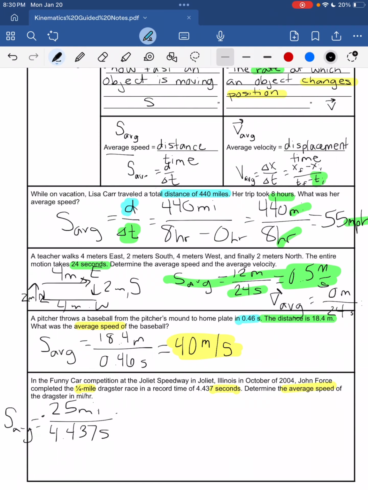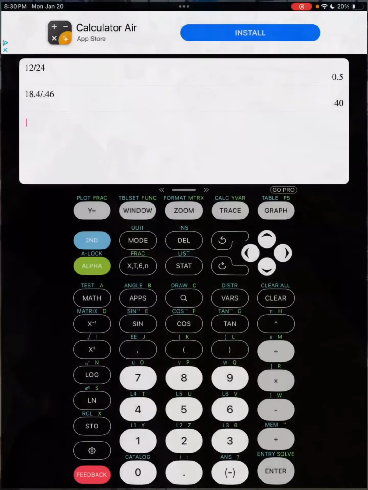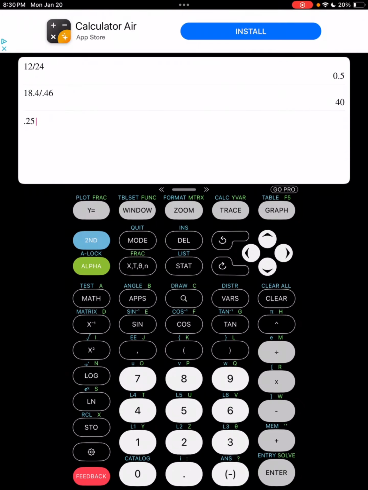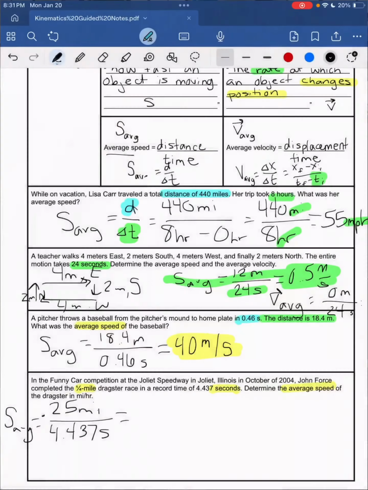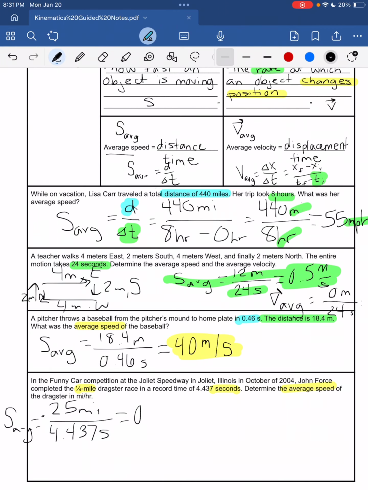I'm going to plug that in my calculator really quick. 0.25 divided by 4.437 seconds. 0.0563. So 0.0563. Let's check.